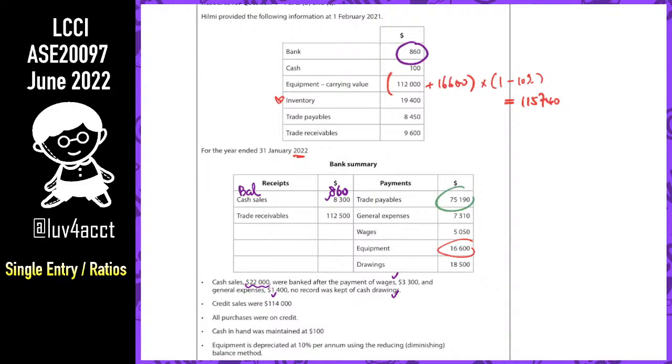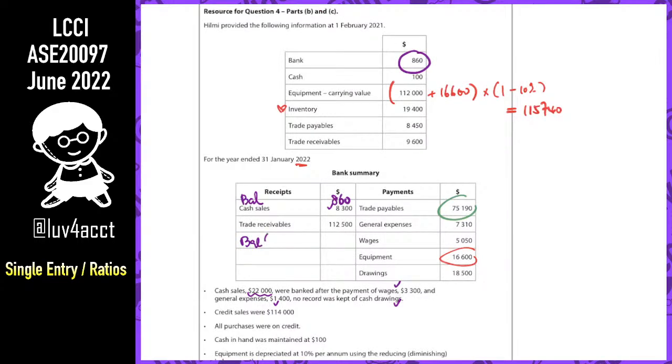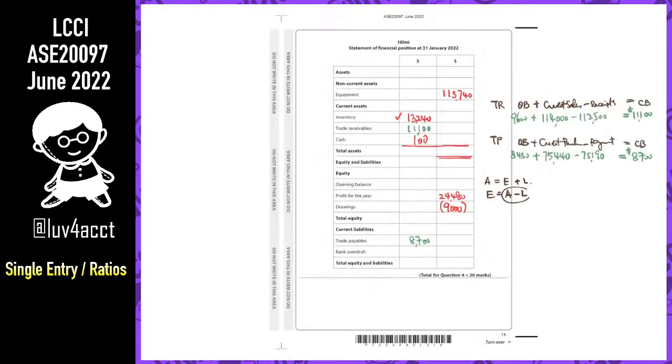After all this, a balance carried down of 990 to balance the account. 990 here, balance brought down. This is overdraft.